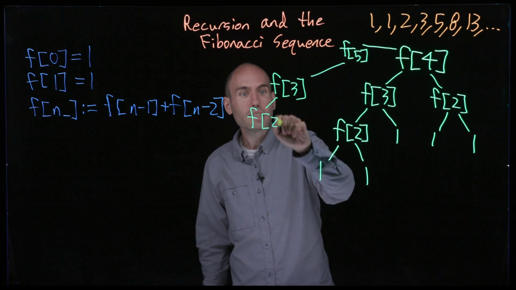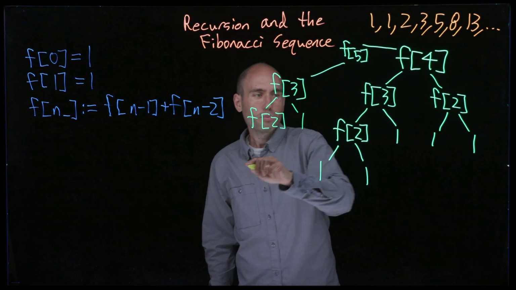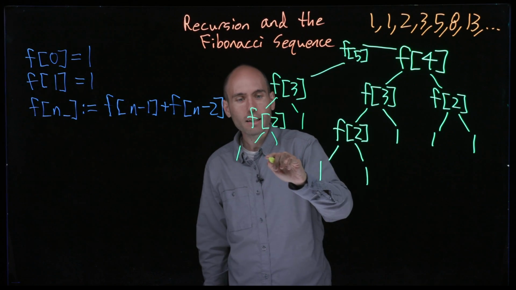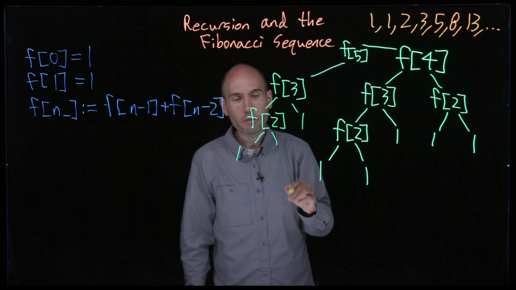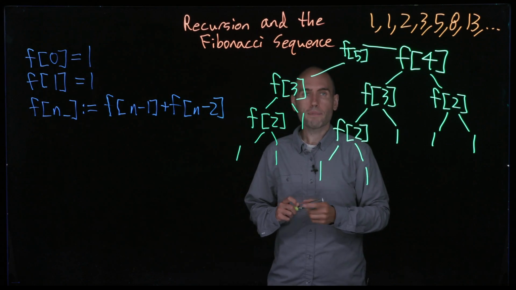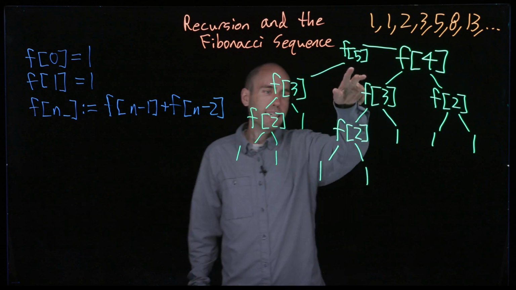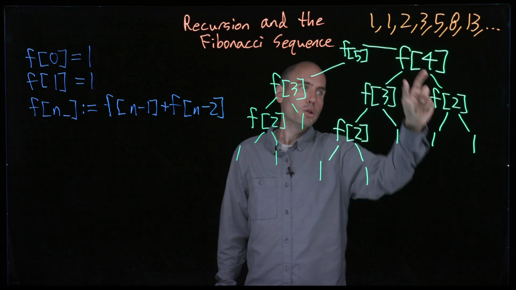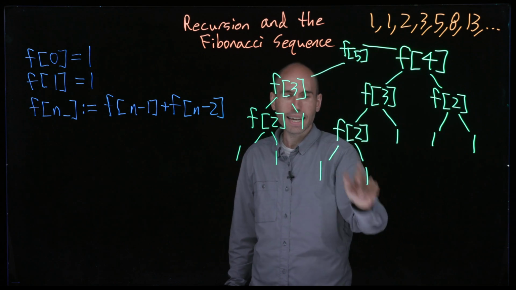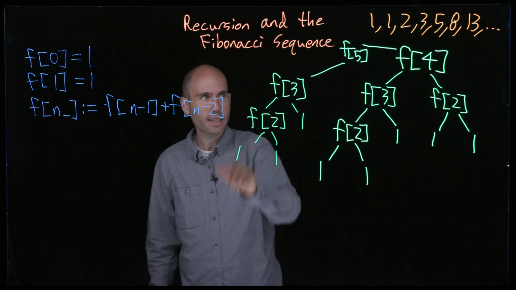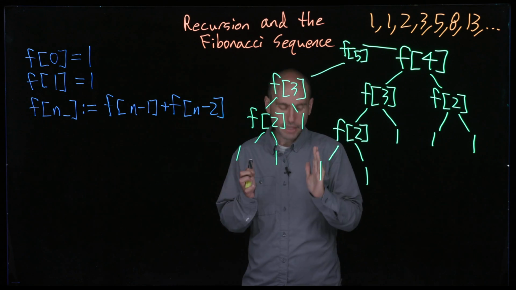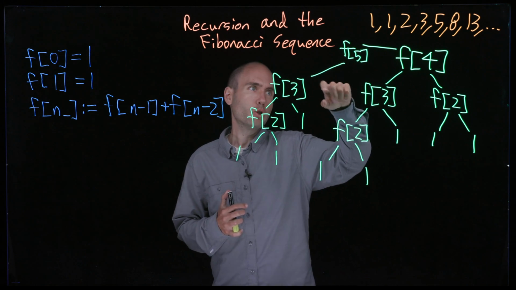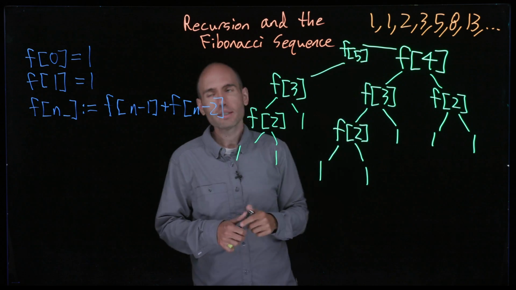So are you getting a sense for why this takes so much time if you try to do something like f bracket 30, or why it takes an unreasonable amount of time if I do f bracket 50? And how many different computations is it? Well, it's something like 1, 2, 3, 4, 5, 6, 7, 8, 9, 10, 11, 12, 13, 14, 15. And in general, I think it's going to be something very close to maybe 1/2 of 2 raised to the 5th power, something like that.